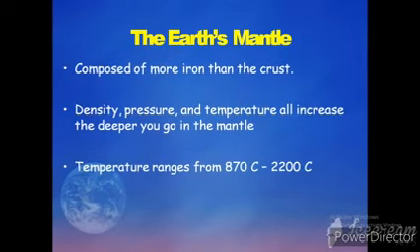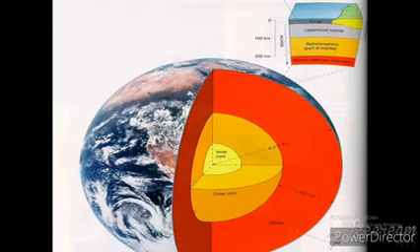Some other characteristics include that it is composed of more iron in comparison to the earth's crust. Density, pressure and temperature all increase as we go deeper into the mantle, and temperature here ranges from 870 degrees Celsius to 2200 degrees Celsius. So this is about the mantle of the earth.